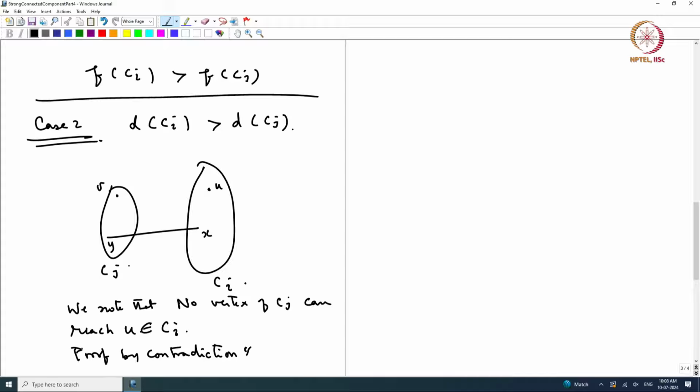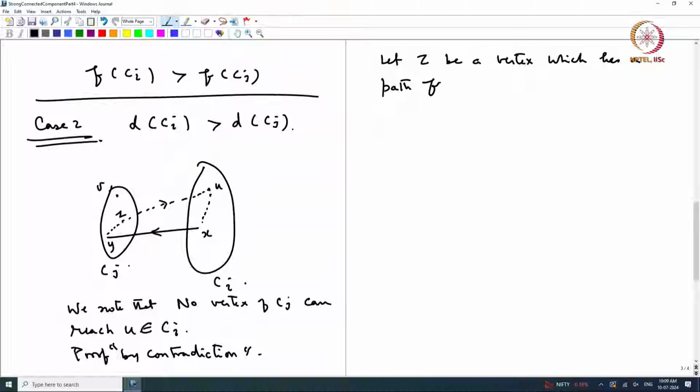Proof is by contradiction. If there is a vertex that can reach u, let z be a vertex which has a path from z to u.